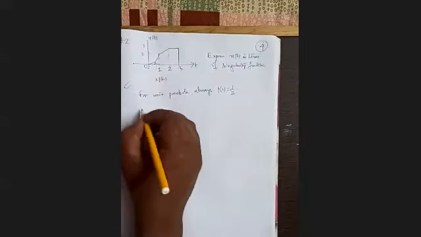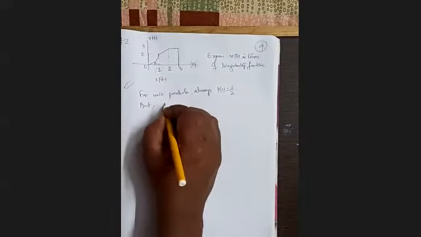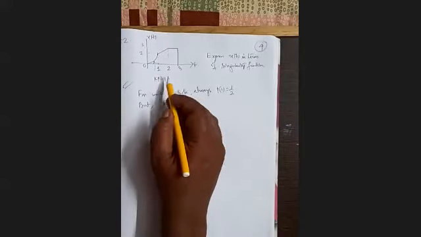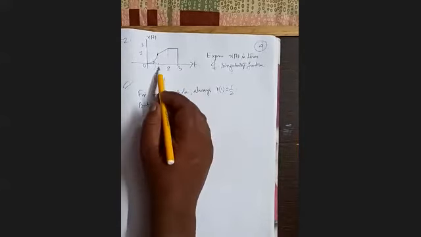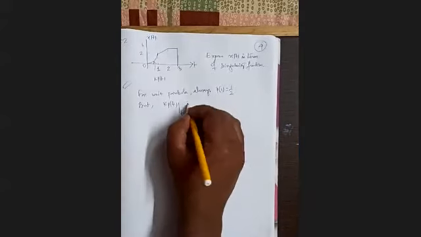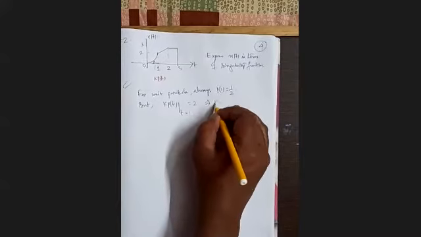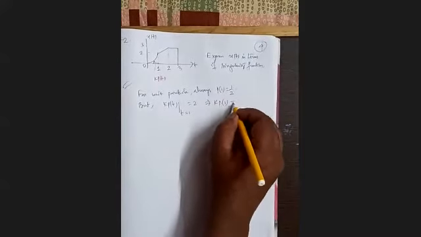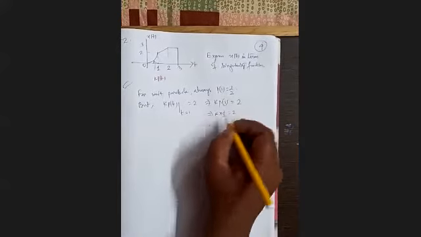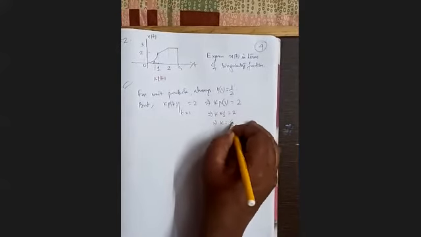Okay, but here it is K times p(t). At t equal to 1, its value is what? At t equal to 1, its value is 2. It means K p(1) equal to 2, or K into half is 2, or K equal to 4.